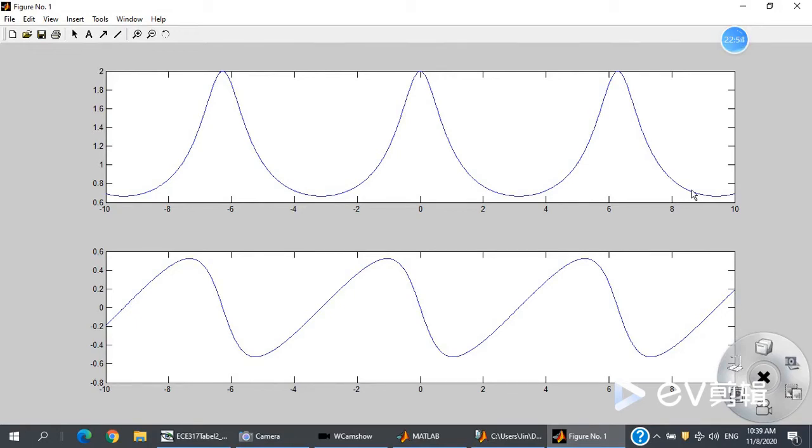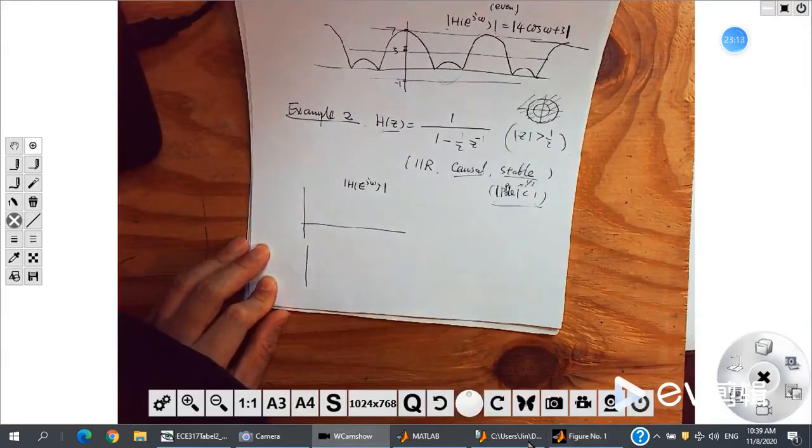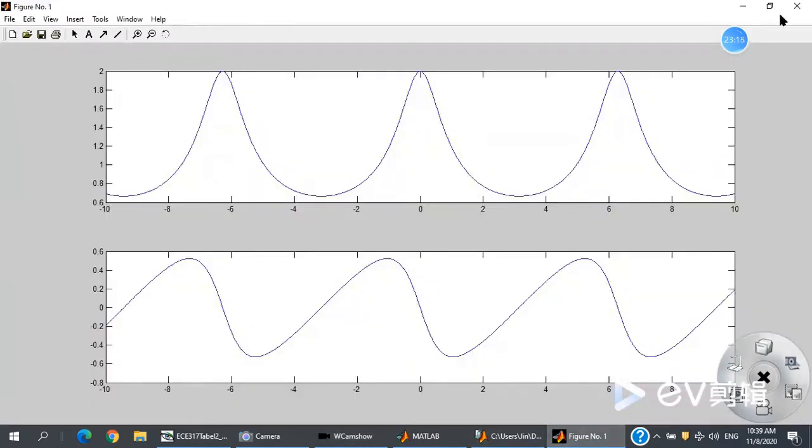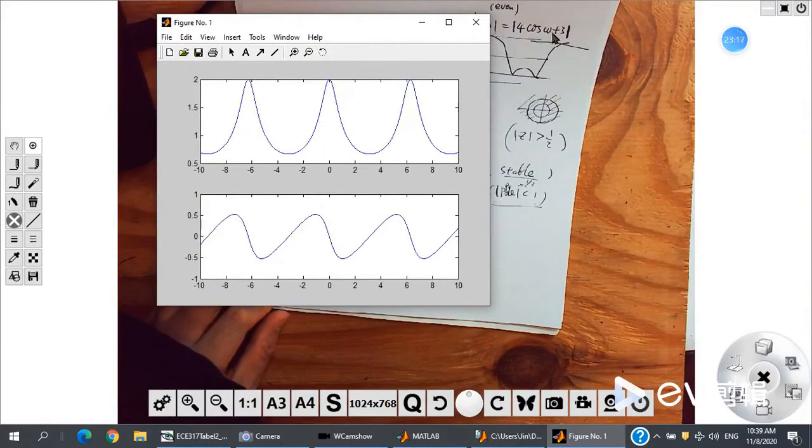So we have two graphs. This is the magnitude. Let me copy this to my notes. Sorry.